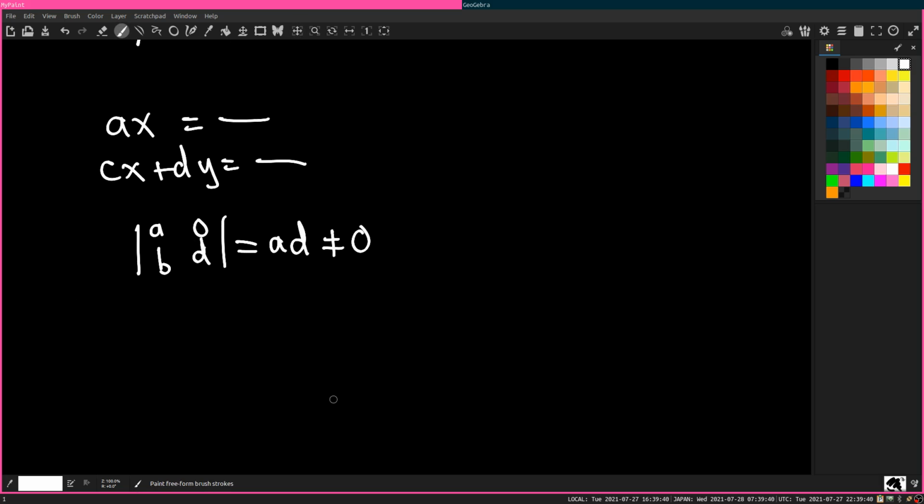So now we're going to move to the case where we have two lines in the plane, both of which are not vertical. This is a more general proof. So now assume both lines are not vertical.